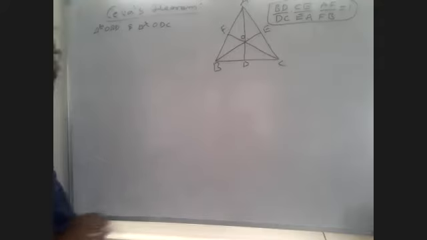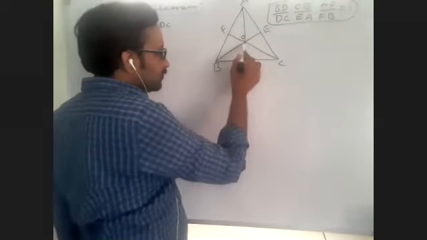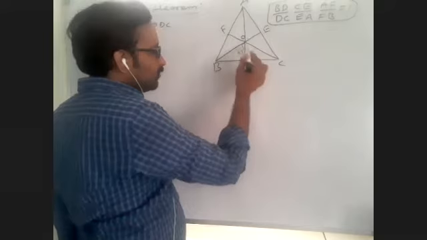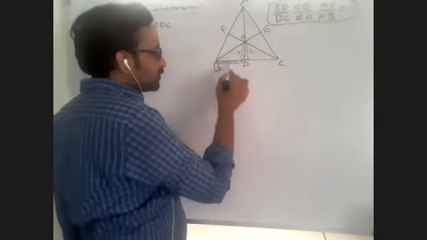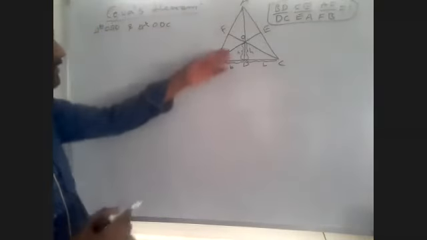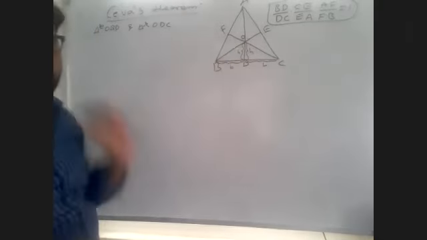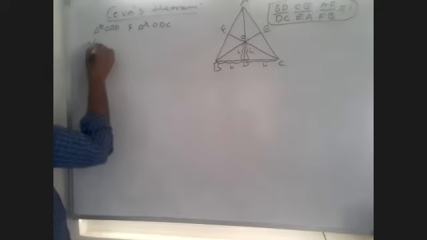I'm finding areas. For this triangle this is the height, and for this triangle this is the height, and this is the base for this triangle. Now we can easily find the area of this triangle.